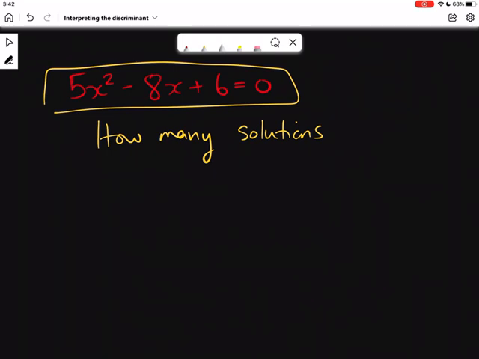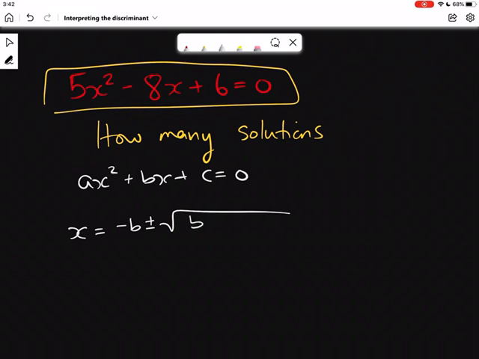From our previous lessons, we know that ax squared plus bx plus c equals 0 can be solved using the quadratic formula, where I can calculate the value of x by saying negative b plus or minus the square root of b squared minus 4ac, over 2a.